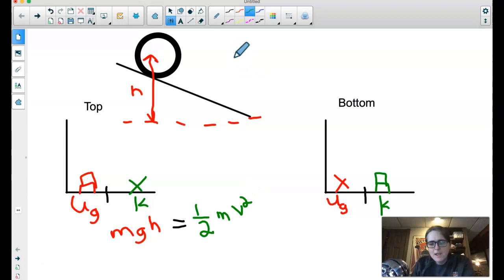Here's the trick. If you were to actually go out and make these measurements, you would find that the actual v, the actual velocity, is much, much smaller. So this is predicting a much bigger velocity than we should get.